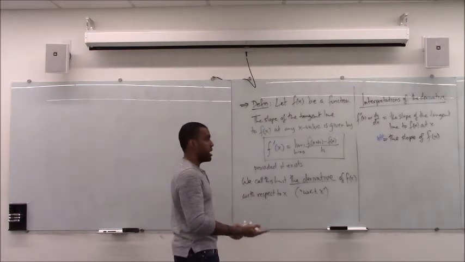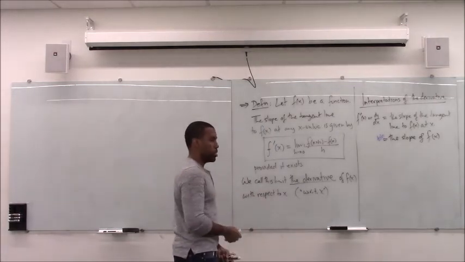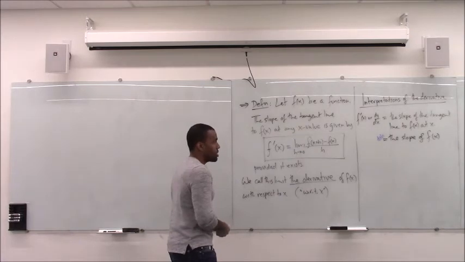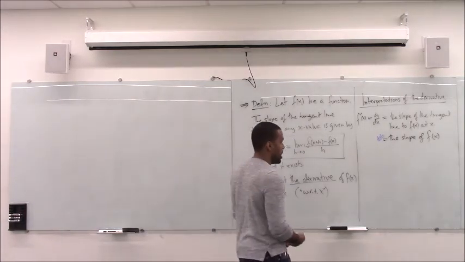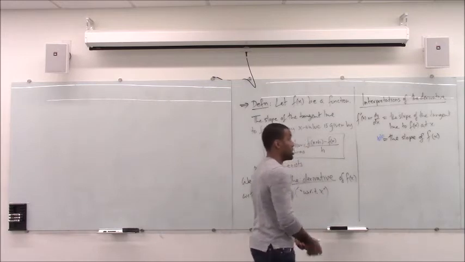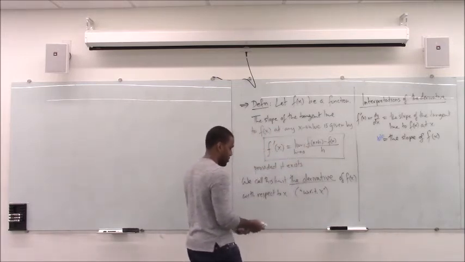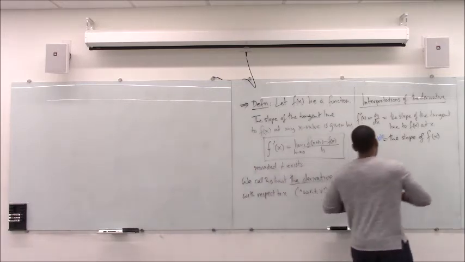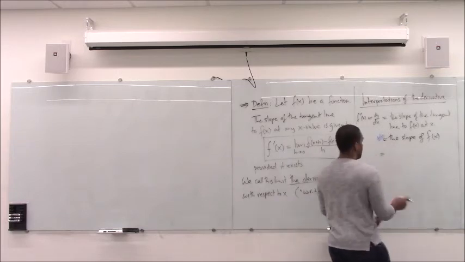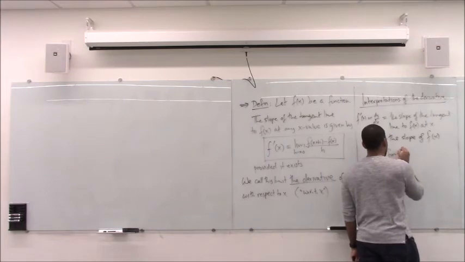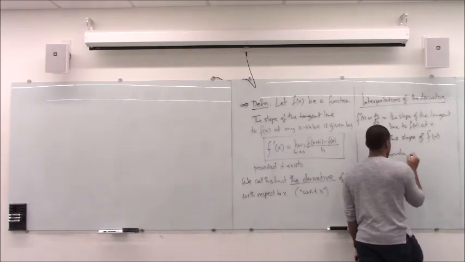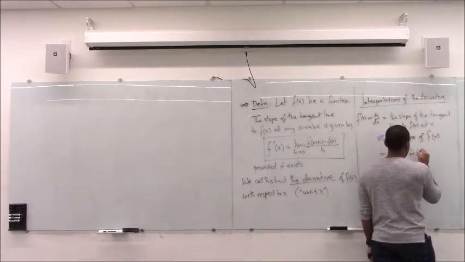So the slope of the tangent line might as well be the slope of the function itself. So when we want to talk about the slope of a function in general, we can actually use the slope of a tangent line at a point of interest to find the slope of the function itself. How you can also think of this is, well, it gives you a formula for the slope of the tangent line, and I'll explain that a little bit more. Formula for the slope of the tangent line.